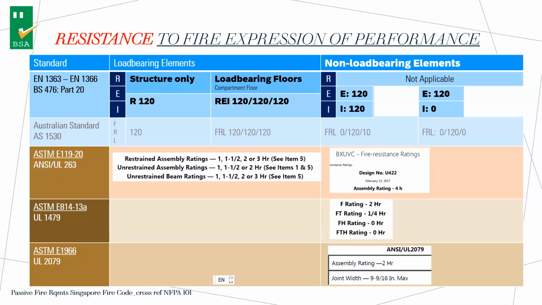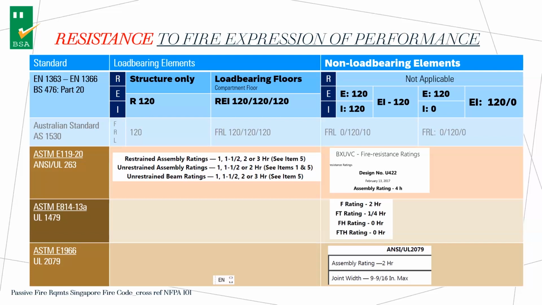If your element is non-load-bearing, then you will be looking at REI 120. Or it could be EI 120, which means it fulfills integrity, no passage of flame, but it doesn't fulfill the insulation criteria.